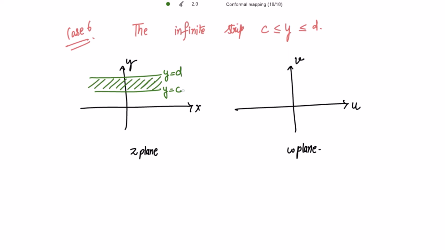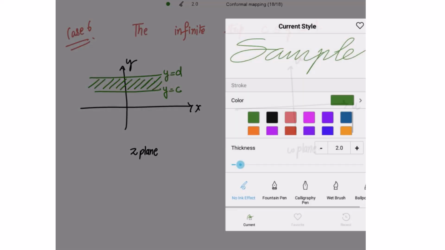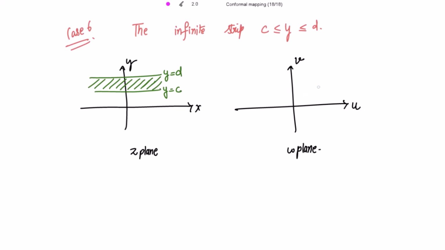For y equal to c, we have got the image in w plane as the parabola this. This is negative c square comma 0 the vertex, and for y equal to d, we are getting the parabola as this, the vertex negative d square comma 0.